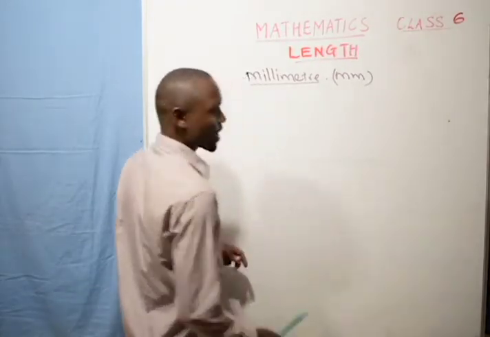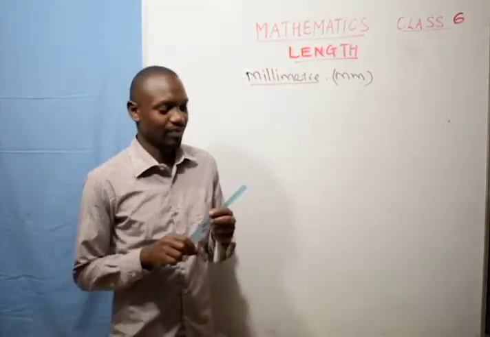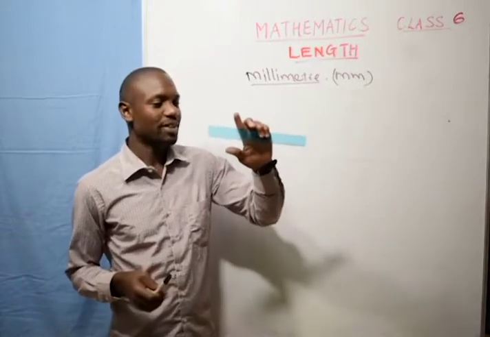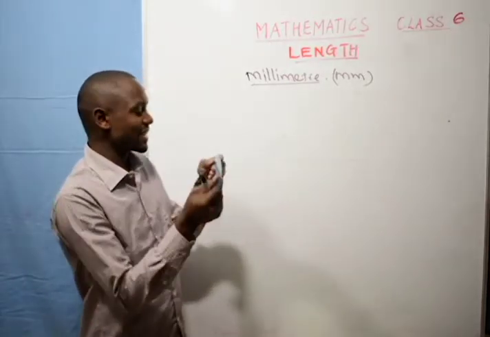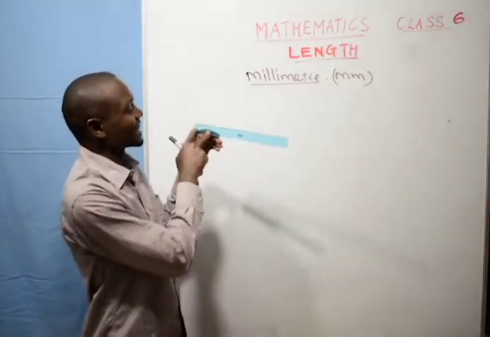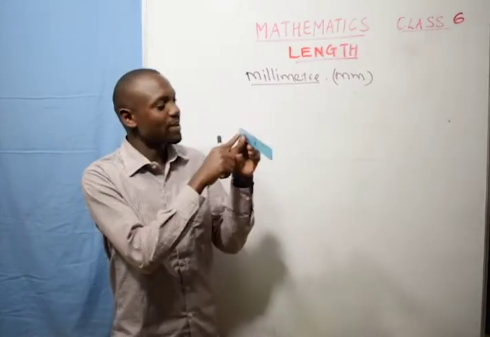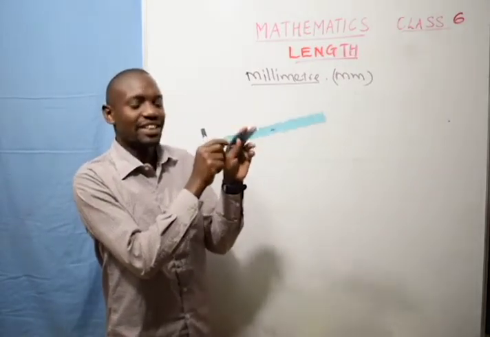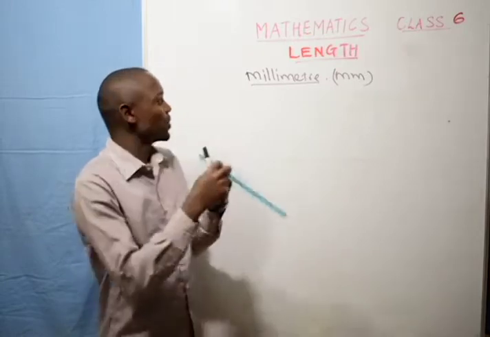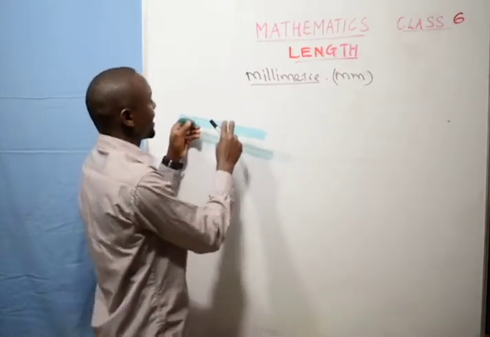When you look at your 30 centimeter ruler, the scale that is written centimeters is the one we use when measuring different lengths.